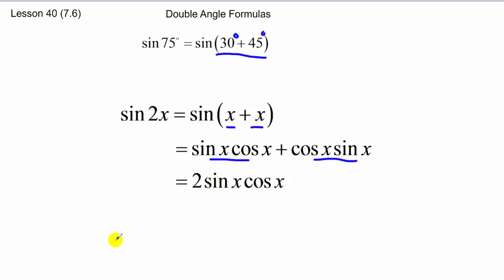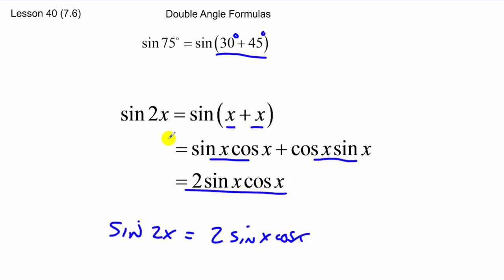So what I really have is the sine of 2x is equal to 2 sine cosine. And that's the double angle identity, or the double angle formula for the sine of 2x, that you're probably going to have to memorize, or if you know your sum and difference, you can derive it.